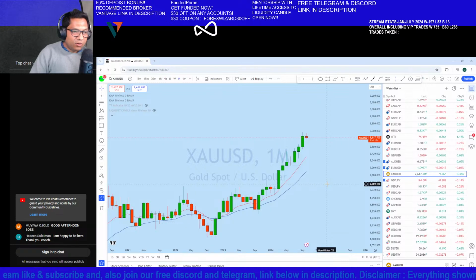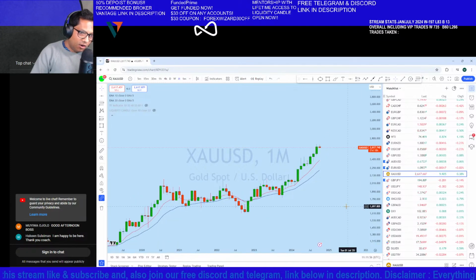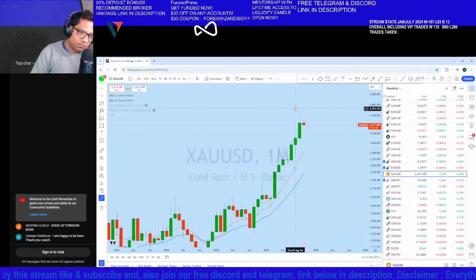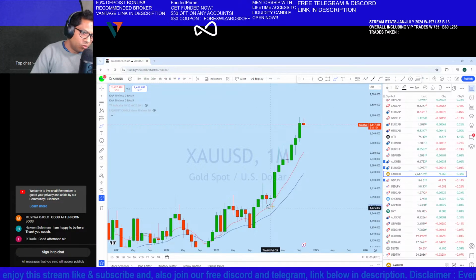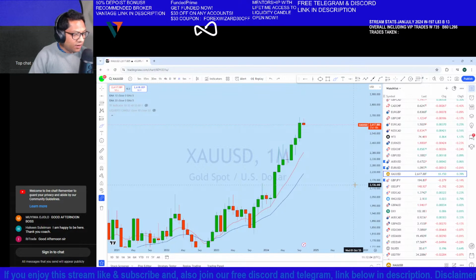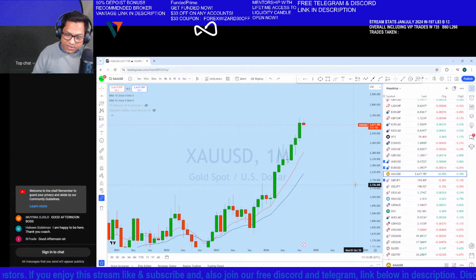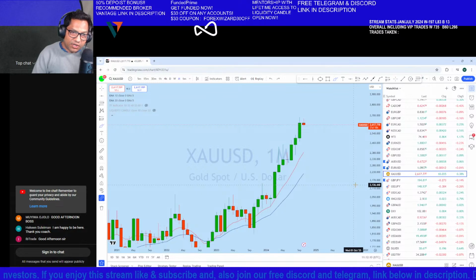Now from the monthly, we can see that XAU USD is basically in a long-term bull market. As you can see, we have done this analysis over and over again. I know that doing the same analysis over and over again looks boring, but when you repeat something, it becomes more and more clear, not only in trading but also in habits.